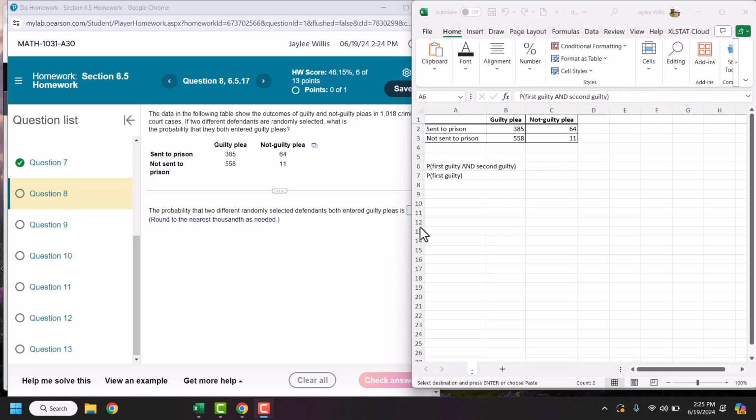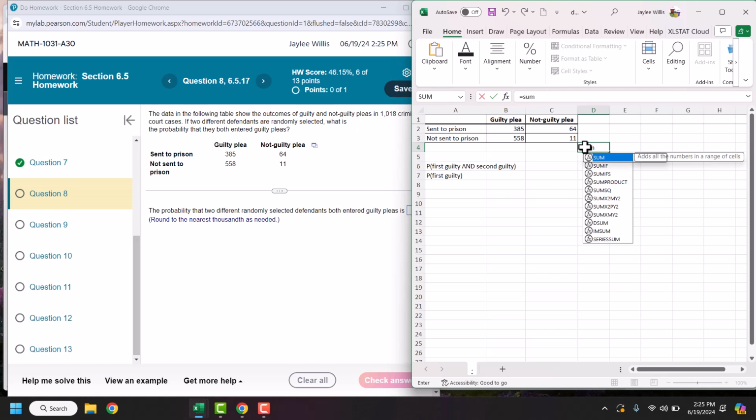Okay, so I copied and pasted this, got it all tidied up. So if I want to find the probability of the first being guilty and the second being guilty, which is another way of saying that they both entered guilty pleas, the probability that the first person is guilty is going to be out of the total. So I'll need the sum of all of these.